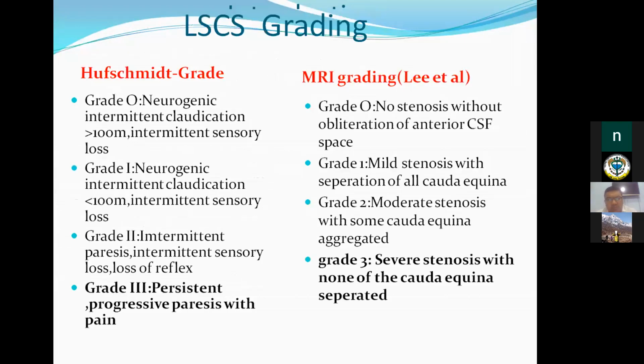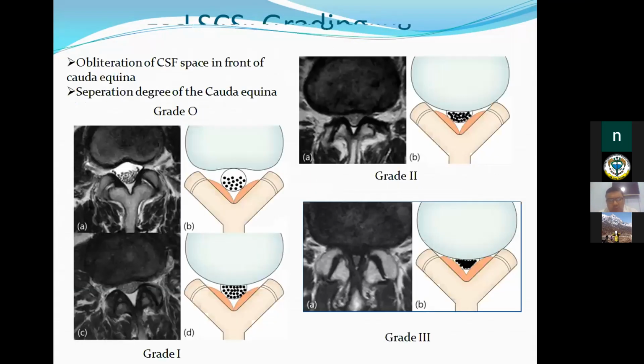There are various grading systems, like clinical grading and radiological grading. The radiological grading system is basically based on obliteration of CSF space in front of the cauda equina and separation degree of the cauda equina, from grade 0 to grade 3.